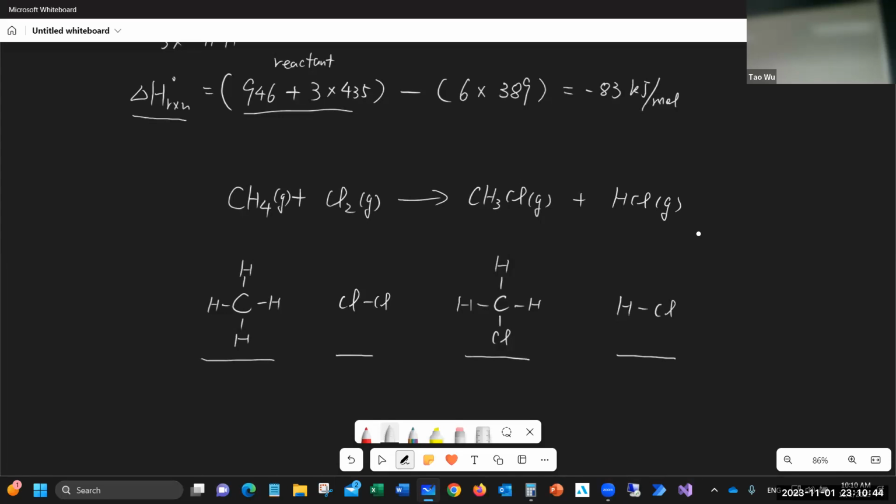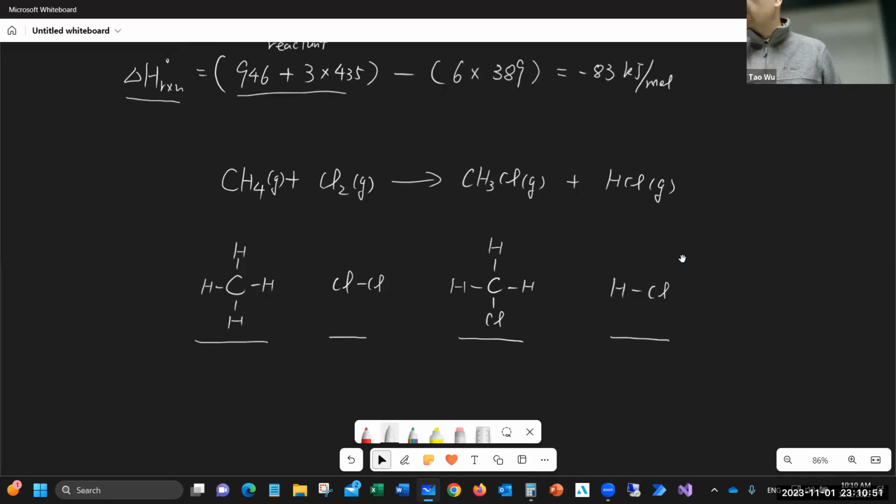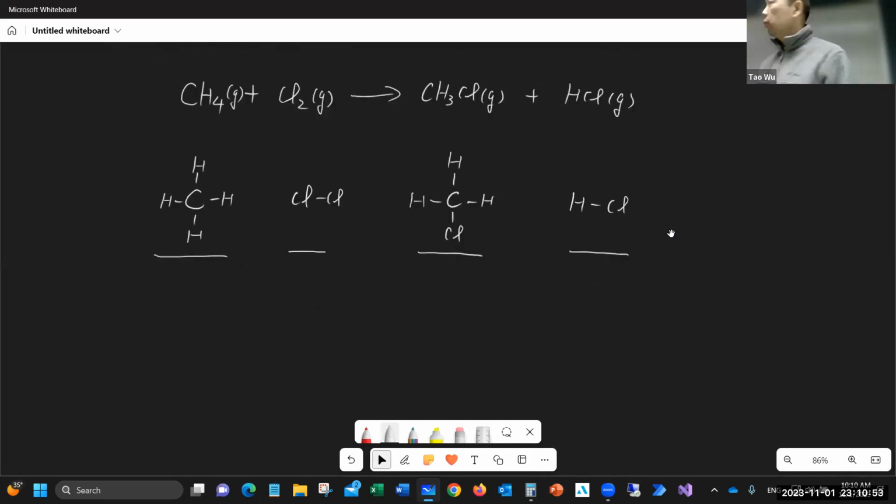All right, so let's look at this. Again, you just need to recognize what kind of bonds are in this compound. Obviously this one has just one kind of bond, carbon and hydrogen. They have 4 of them, so you times 4. This one, we have one of the chlorine, the chlorine gas.